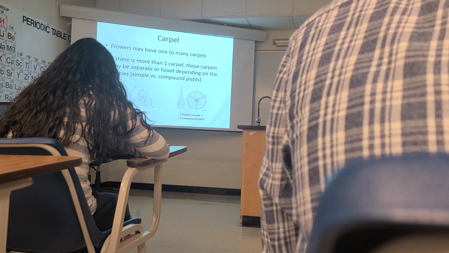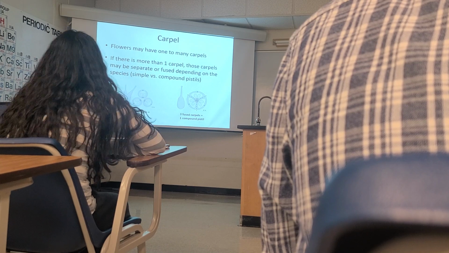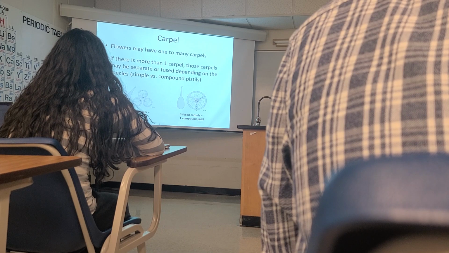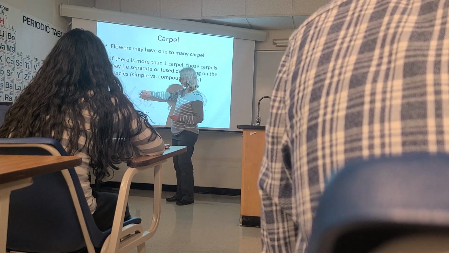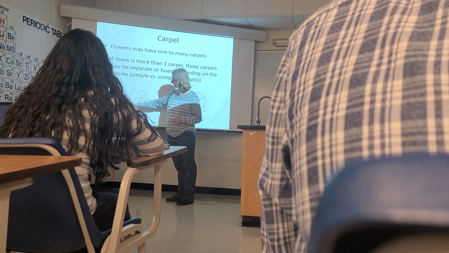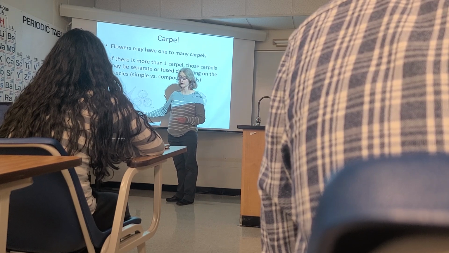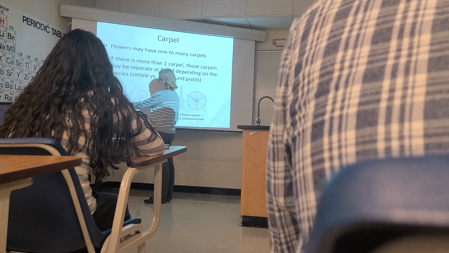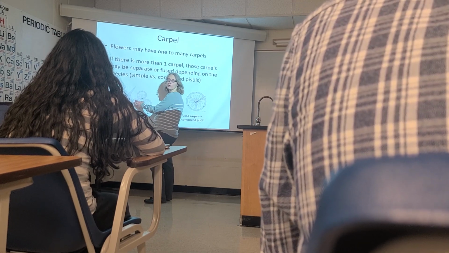But if there is more than 1 carpel, those carpels may either be separate from each other, like they are in the buttercup that I taught you last week in lab. So for example, we've got 3 separate carpels here, 3 distinctive entities right here that are also called pistils, because the pistils are the individual pieces that you see. But each one of those is a simple pistil because it is only made up of 1 carpel.